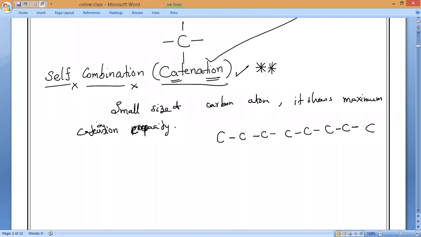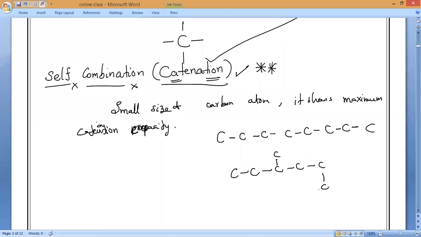It can form straight chains. It can form branched chains. Do you understand what I am saying, everybody? Please respond. That is the property called catenation.